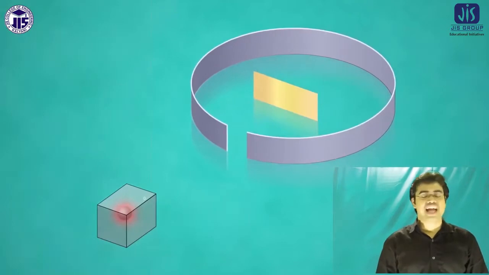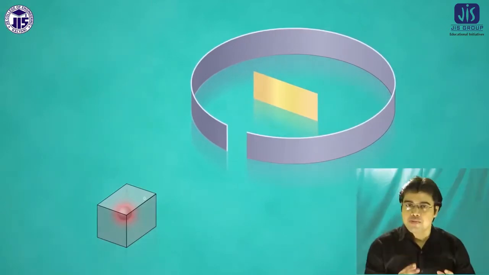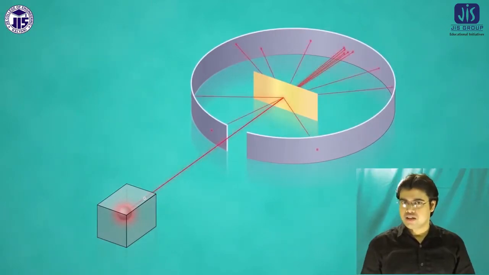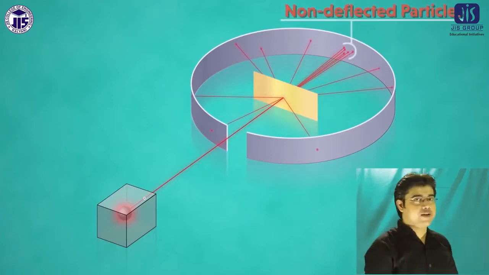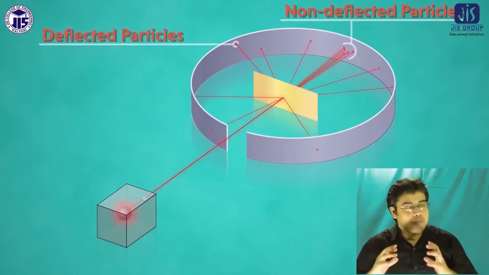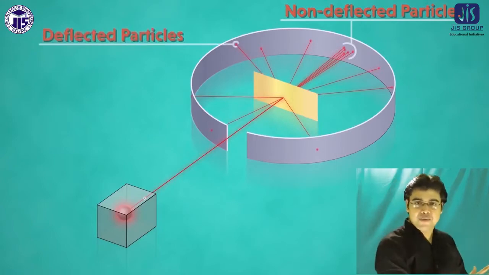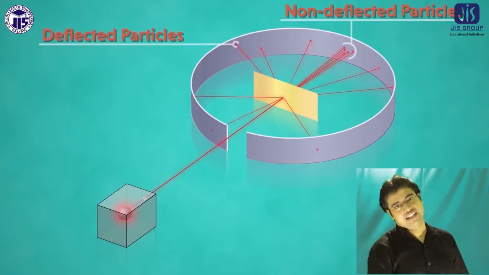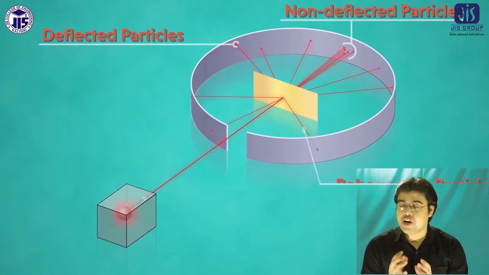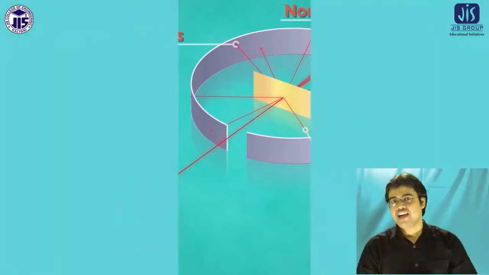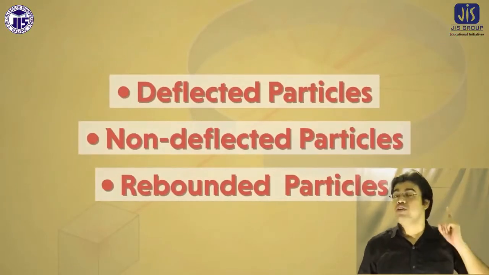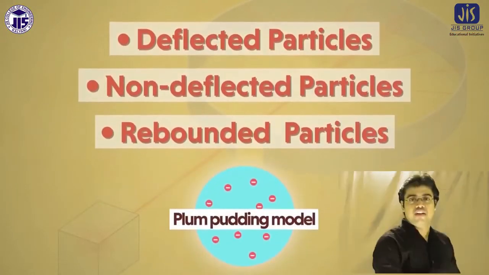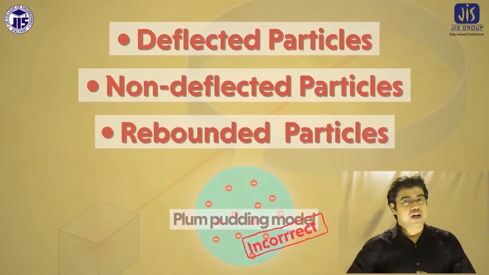But actually it did not happen. Most of the alpha particles passed through the gold foil without any obstacle. A few alpha particles were deflected at a particular angle, and very few alpha particles came back along their original pathway. These are called rebounded particles.